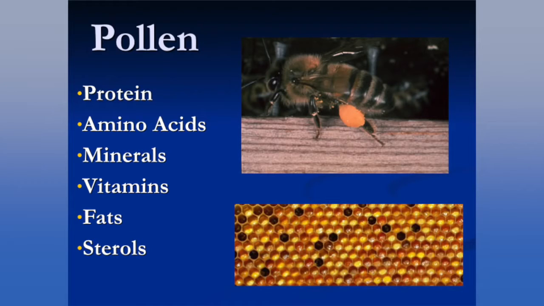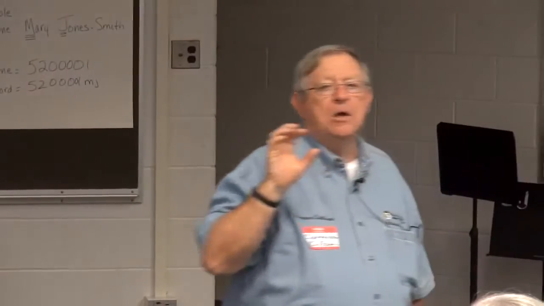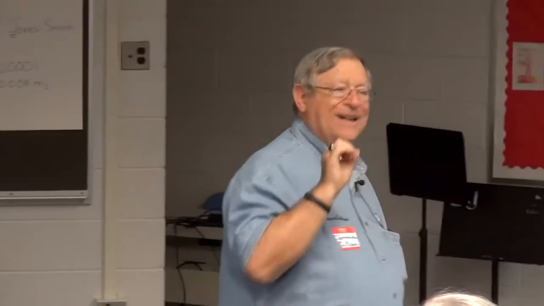Pollen is extremely important in colony development. Let me go back and make a point. This will probably be made later, but I may not get to it. If a colony is starving, survival comes from a carbohydrate source, whether it be sugar, nectar, or honey.